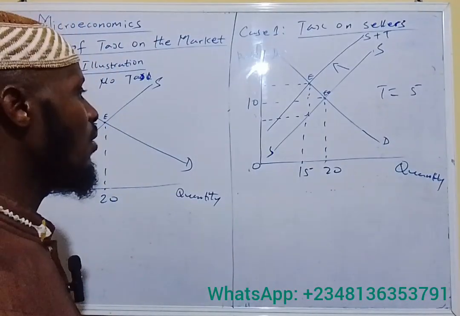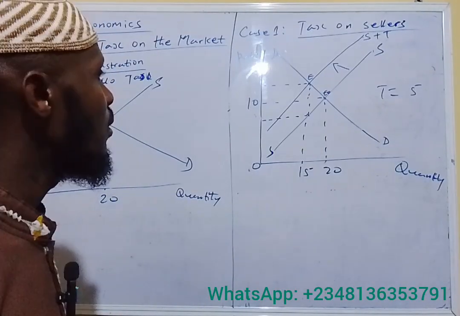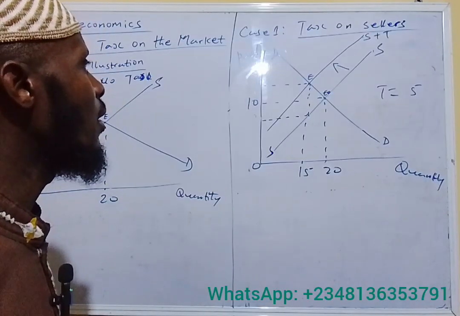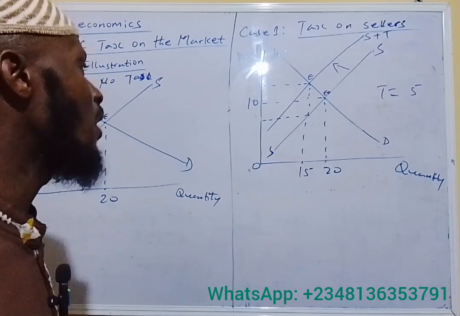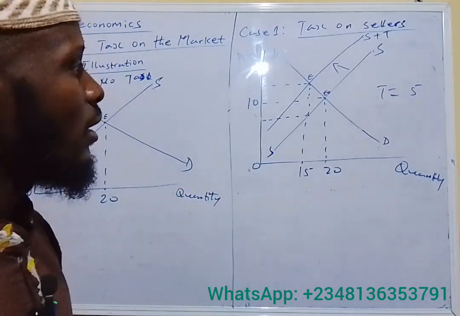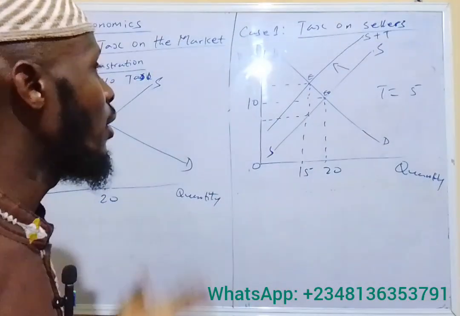Is it the seller or the buyer? It depends on the level of demand. Most of the time, whether we have elastic demand, inelastic demand or unitary elastic demand, both the buyers and sellers usually share the burden of the tax.